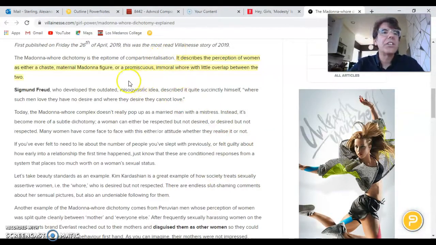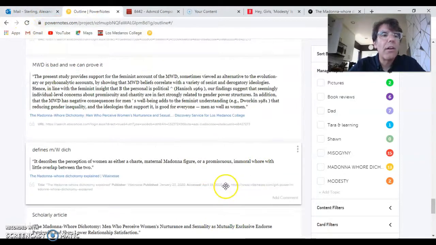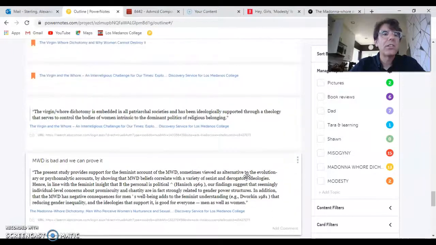So here's a definition of the Madonna-whore dichotomy. It describes the perception of women as either a chaste, maternal Madonna figure or a promiscuous, immoral whore with little overlap between the two. Let's find a more scholarly definition.